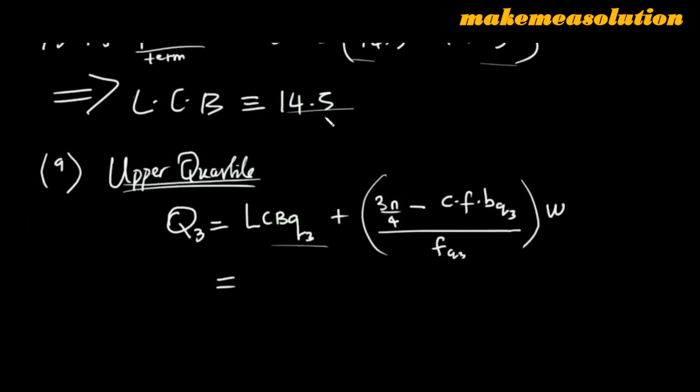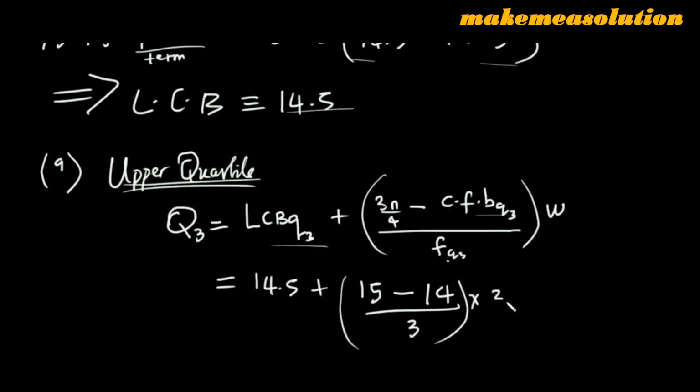Lower class boundary is 14.5, plus 3n/4, that's 3 times 20, 60 divided by 4, 15, minus the cumulative frequency before this class, which was 14, divided by the frequency of this class, 3, and the class width was 3.